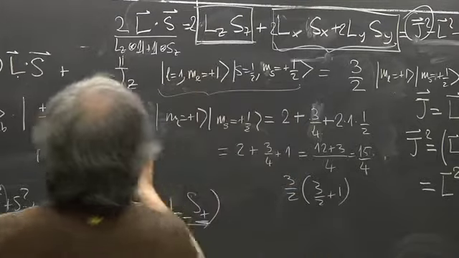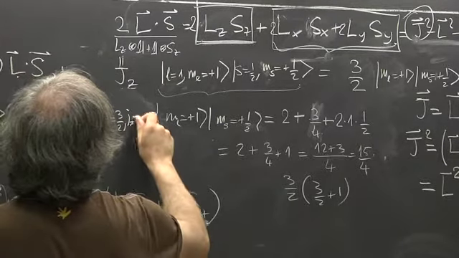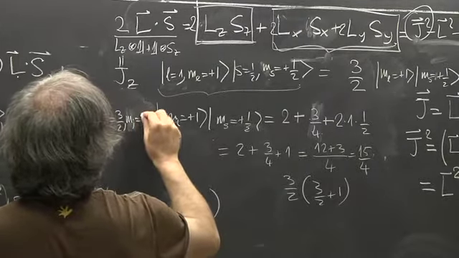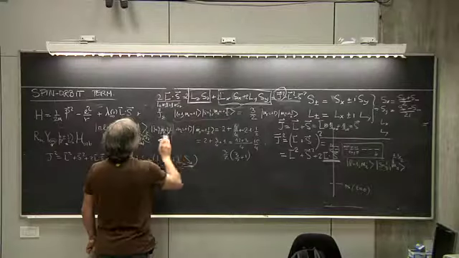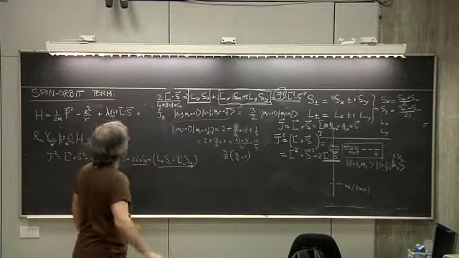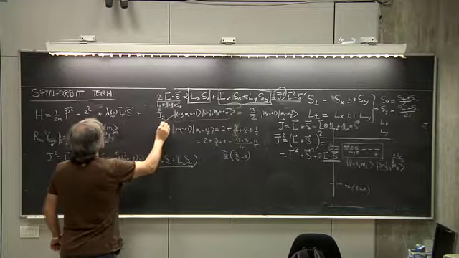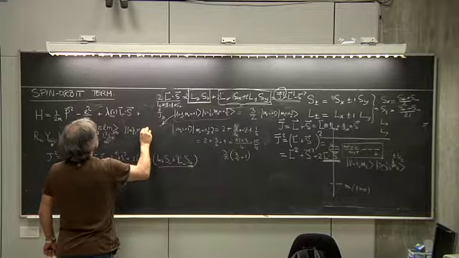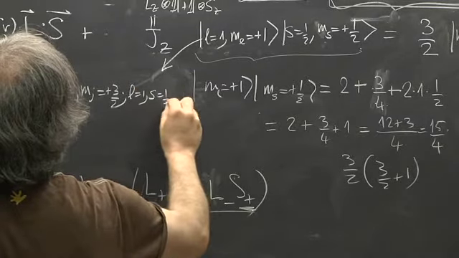So this is J equal to 3/2, Jz equal to, or should I call it Mj? Mj equal to 3/2. Obviously, L is still 1. So another way of labeling this state is J equal to 3/2, Mj equal to plus 3/2, and obviously L equal to 1, spin equal to 1/2.